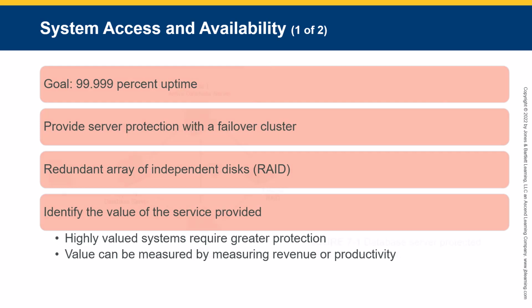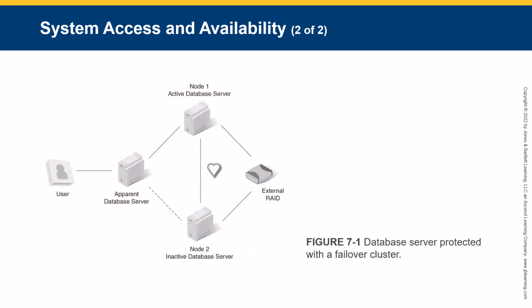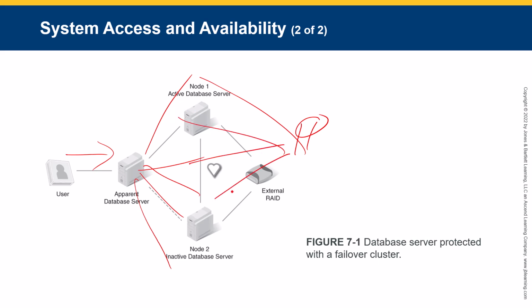So what does this entail? This entails being able to build systems in such a way where you have availability of data. You may go to a web portal, Google for example, and you think you're connecting to one database server or one web server, and in reality they have multiple servers, all of them pointing back to some type of centralized storage on the back end.